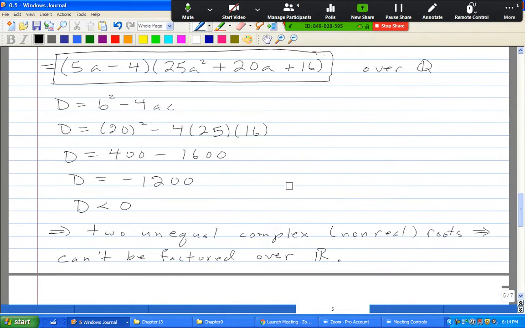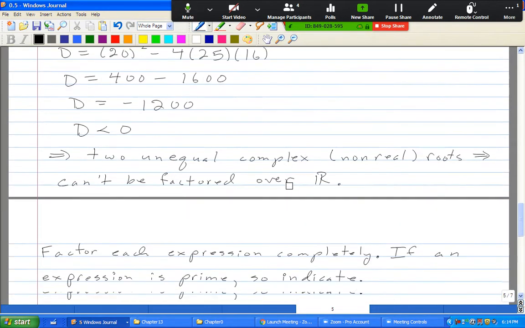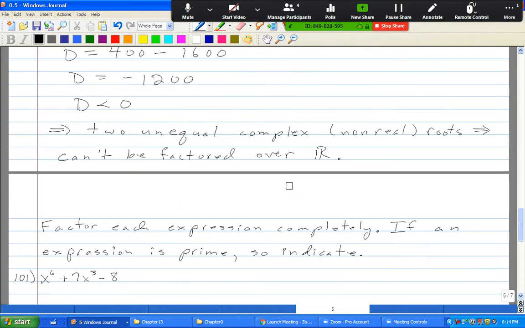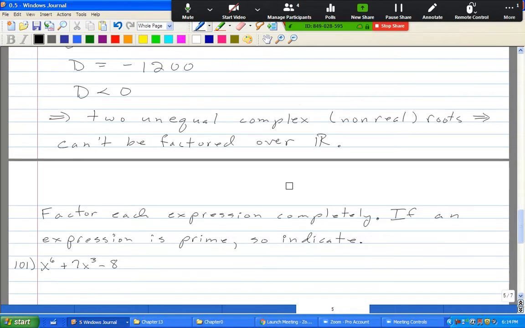Let me do problem number 101. Factor each expression completely, meaning over the rational numbers. If an expression is prime, so indicate, meaning if it is irreducible.